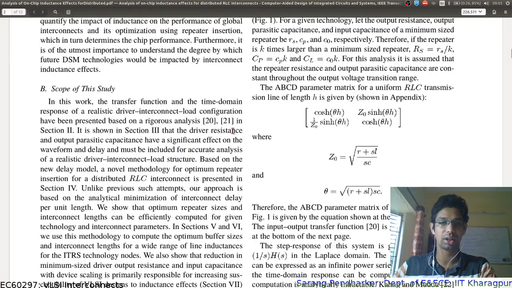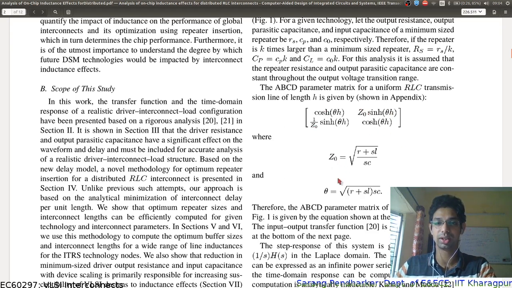Right, so if we go through it, there is this transfer function, the ABCD parameters for a uniform RLC interconnect or transmission line. In the appendix they have derived it in a different way, but we derived this from the transmission line model.